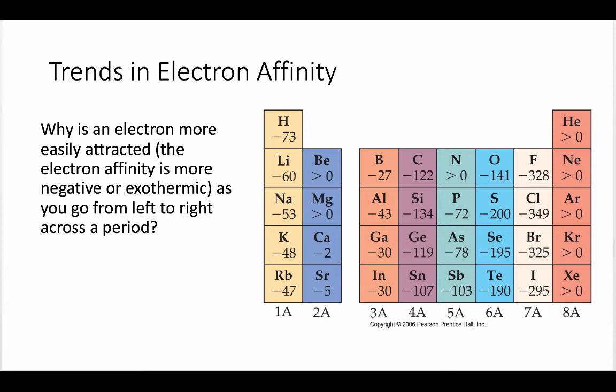So now let's talk about the explanations here. As we go across a period on the periodic table, they become larger or more negative or more exothermic or more favorable. And that happens because as we go across a row on the periodic table, the Z effective is increasing. Therefore, there's a stronger force of attraction for an additional electron that's added on, which means that it's going to be more favorable.